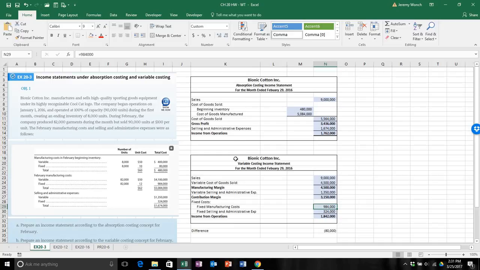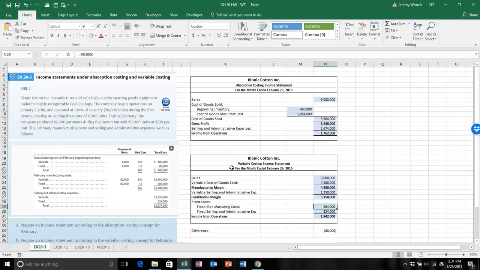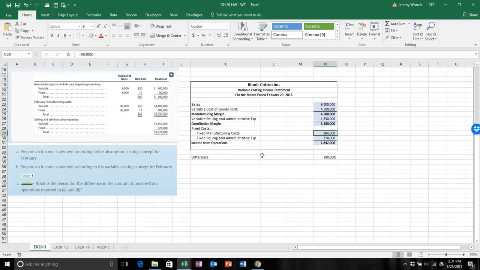The difference between absorption and variable costing is a temporary difference, because if we were preparing this variable costing statement for January instead of February, this $80,000 would have been expensed in January. So there's not a permanent difference in these numbers, but a timing difference of those fixed manufacturing costs. With absorption costing, we expense them when we sell the goods they're related to, but with variable costing, we expense those fixed manufacturing costs as soon as we actually spend the money. So really not too bad at all.